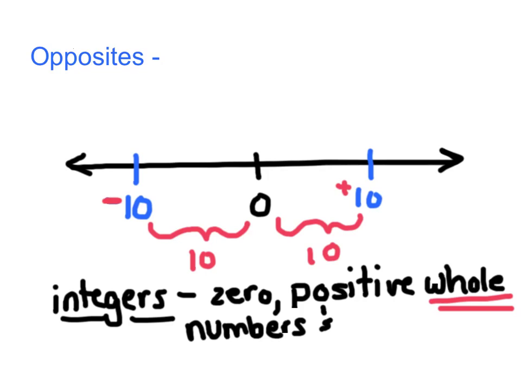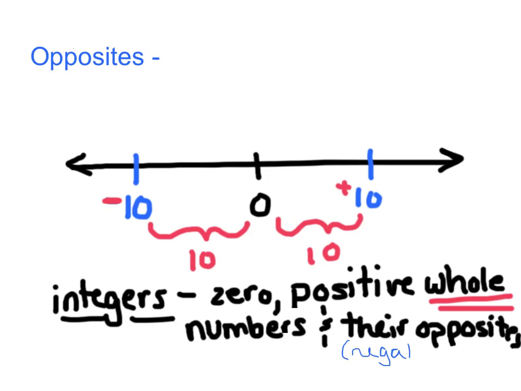And it also includes their opposites, which is what we mean when we talk about the negative values. And the negative values are the opposite. We really show by this negative sign right here in front of a number. If this positive sign isn't written, it's assumed to be a positive number.